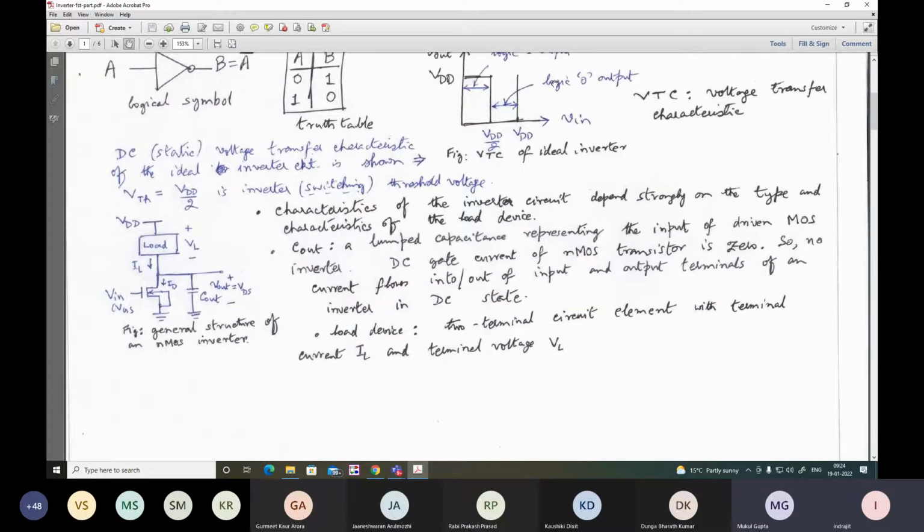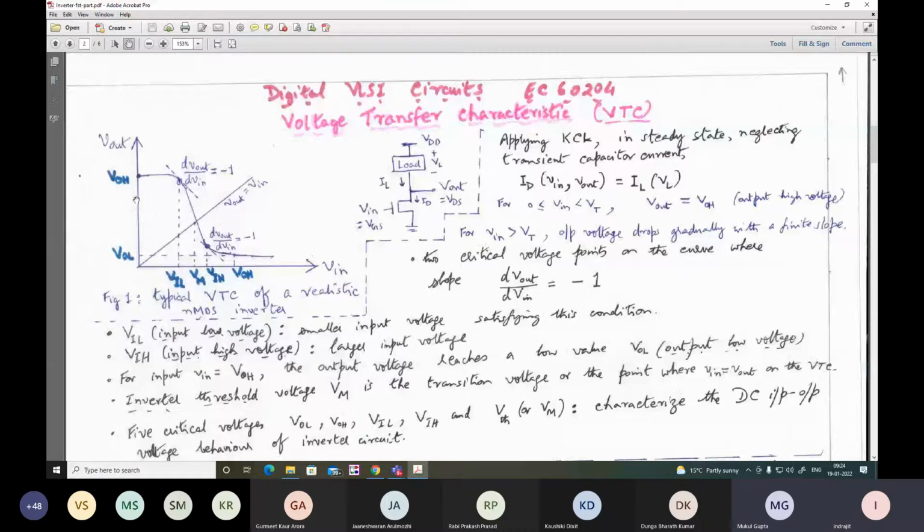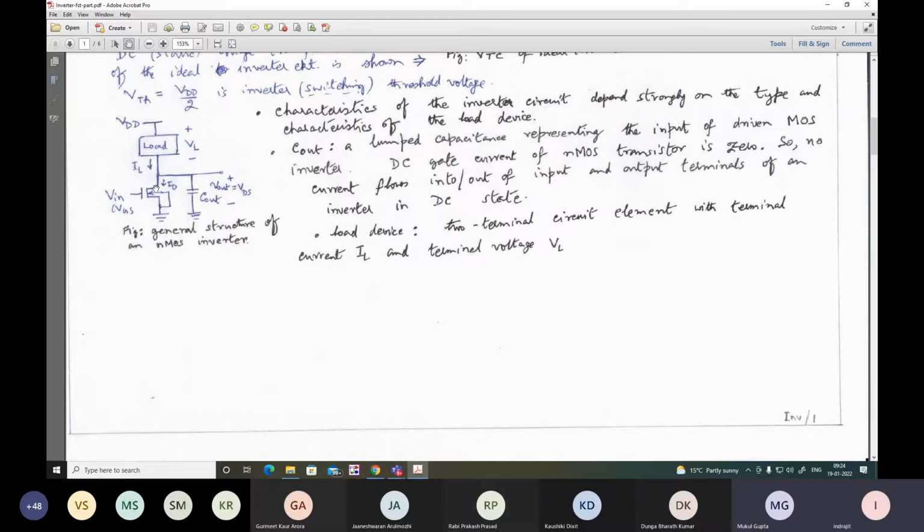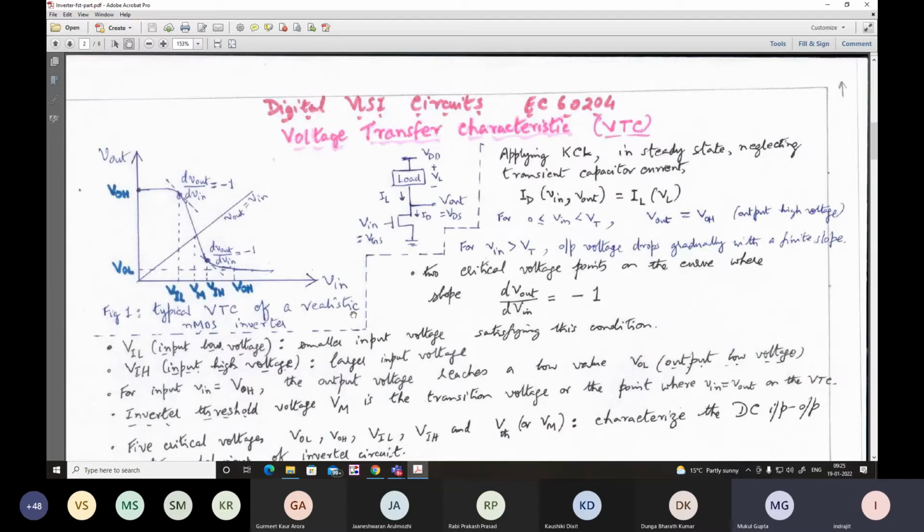The curve indicates that if you have got a load device, and the inverter pull down device is, suppose, an enhancement mode NMOS transistor, then so long as the input voltage, that means the gate to source voltage, remains lower than VT, the output voltage remains horizontal. After VGS exceeds VT, the voltage curve starts falling as current conduction happens. And after the threshold voltage, it will fall with a sharp slope.